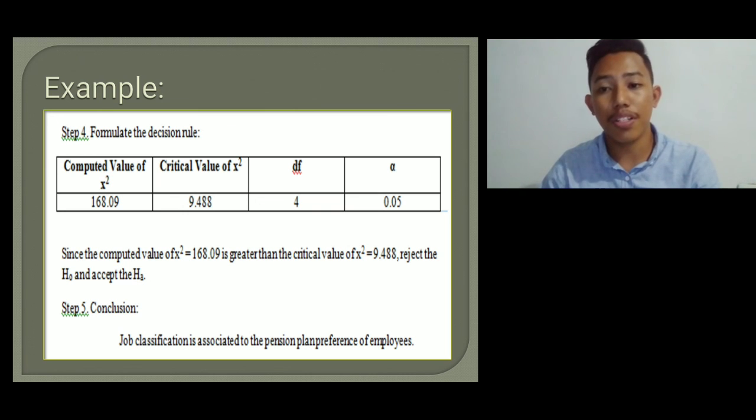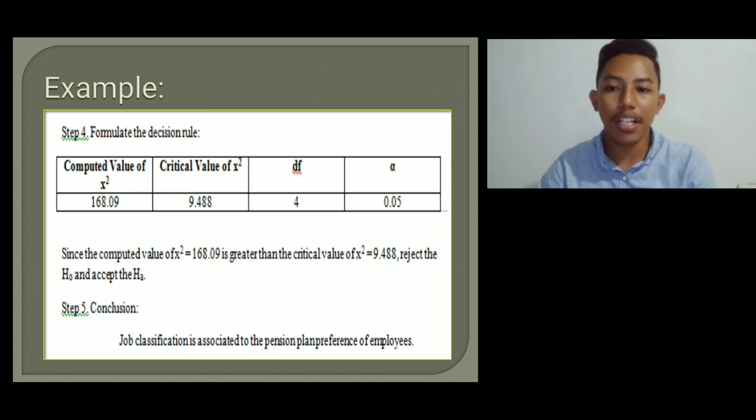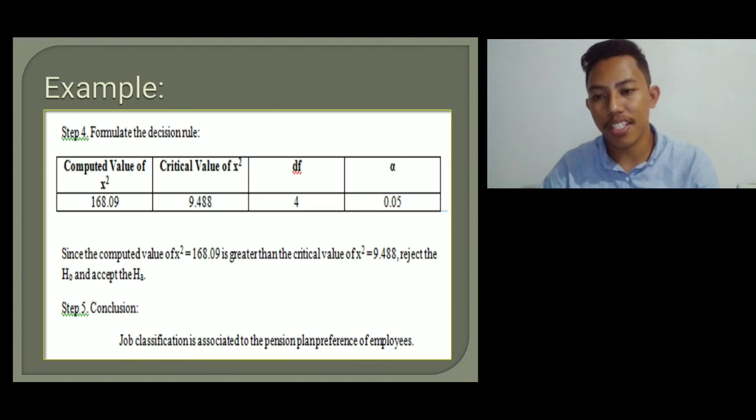Our DF is equal to 4, and our level of significance is 0.05. Since the computed value of x squared, 168.09, is greater than the critical value of x squared, 9.488, you need to reject the null hypothesis and accept the alternative hypothesis. Our conclusion would be job classification is associated with the pension plan preference of employees.